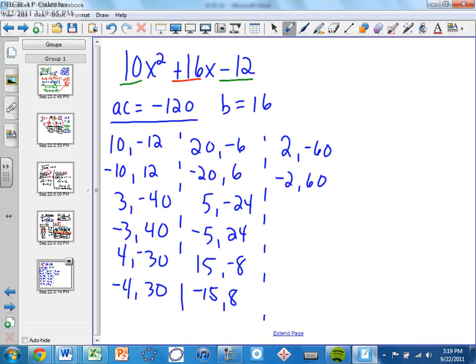We used 6 actually. Did we use 7? Does 7 work? No. We already used 10 and 12. Okay, no. Never.